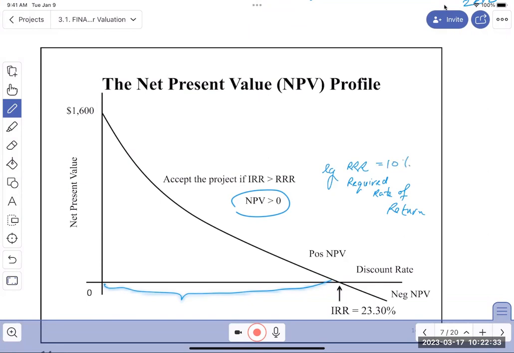So the required rate of return was set at 10%, but we found the IRR is equal to 23.3%. So we interpret that like for every dollar invested, we have a 23.3% return. So that exceeds the required. So we accept the project, right? Because it's above 10%. So in this case, we accept the project.